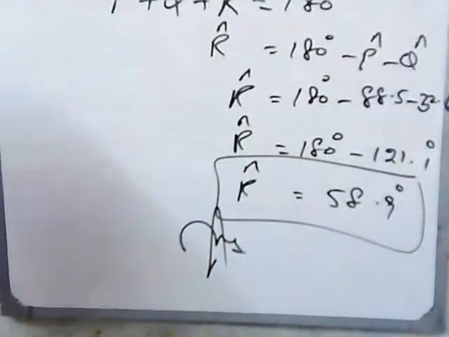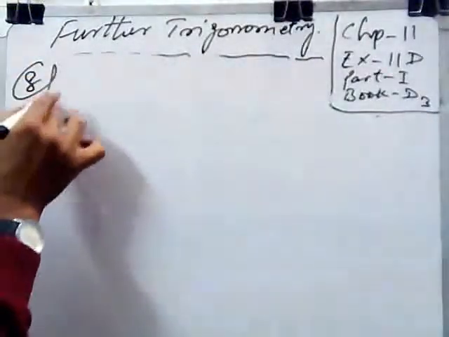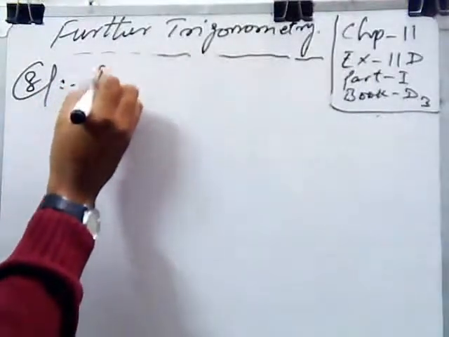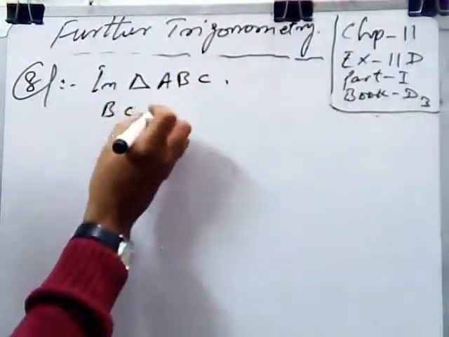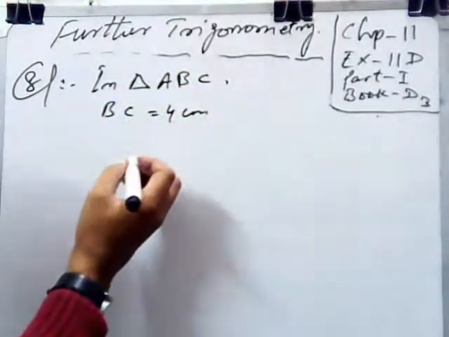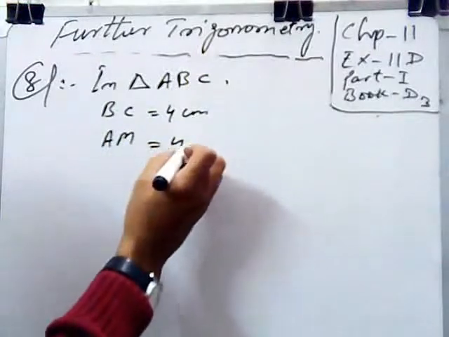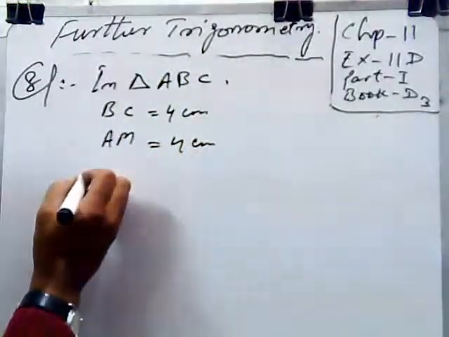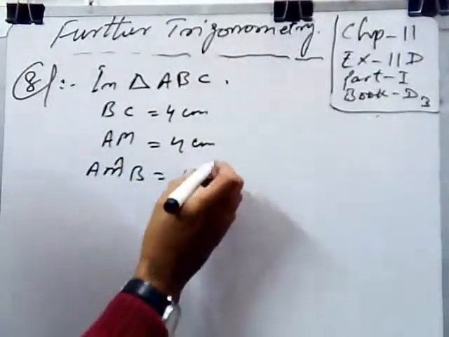Now coming to question number 8. In triangle ABC, BC is equal to 4 centimeters, and M is the midpoint of BC, where AM is equal to 4 centimeters, and angle AMB is equal to 120 degrees.